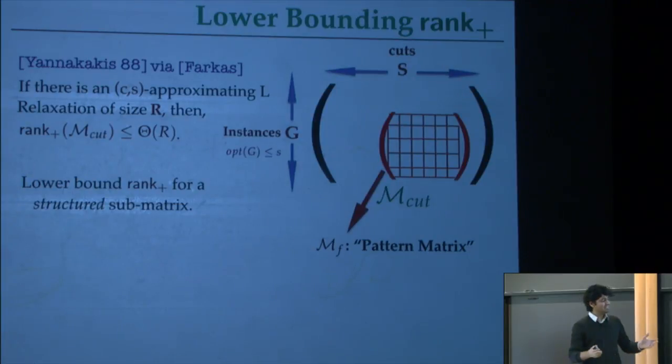The only question is how good this is. I would hope that this matrix is a large enough fraction of the matrix I'm looking at, so that I get a tight bound on the non-negative rank. That's going to be my strategy: come up with this pattern matrix, embed it inside the M cut matrix, and prove a lower bound on the non-negative rank of the pattern matrix.